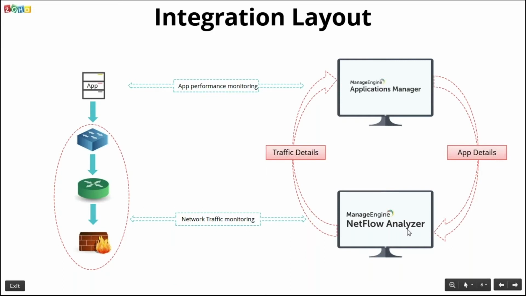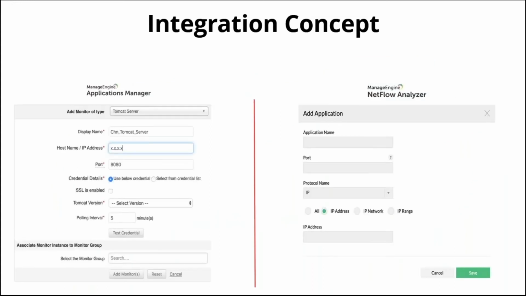But the first step of this integration is that NetFlow Analyzer will pull the required application details from Applications Manager, and then NetFlow Analyzer will push the traffic details of those applications to Applications Manager. So this is the whole concept. Super simple.